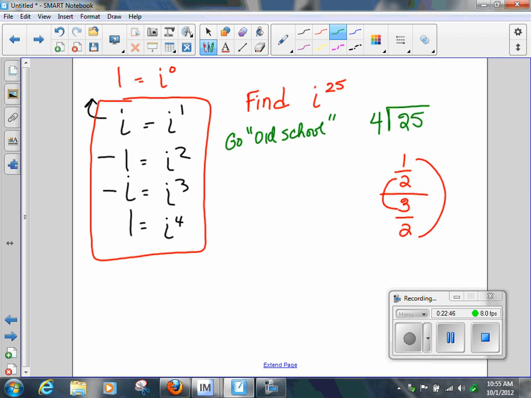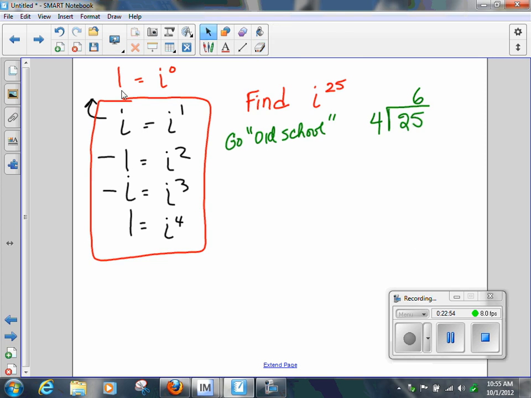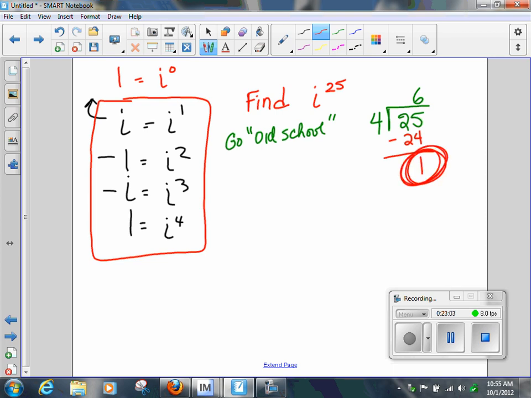How many times is 4 going to 25? 6. That number's not important to me. What number's going to be important to me, Q? My remainder. What's 6 times 4? 24. What's my remainder? 1. This is my important number because it becomes the exponent of my answer.